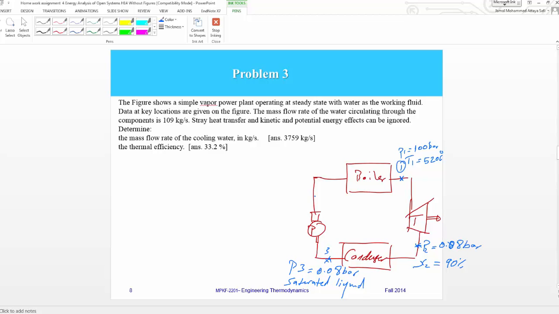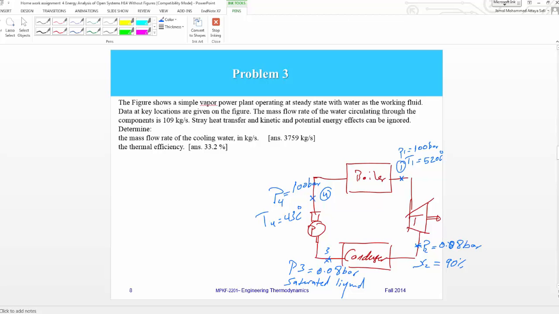And after the pump of course increase the pressure, so we go back to the high pressure, which is P4. This is 4. P4 is like P1, so it's 100 bar, and then T4 is 43 centigrade.